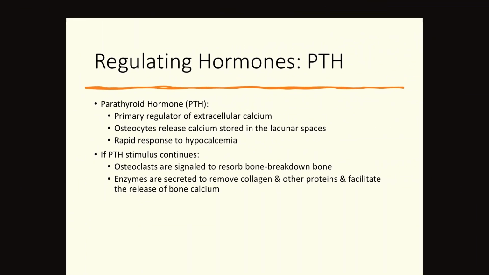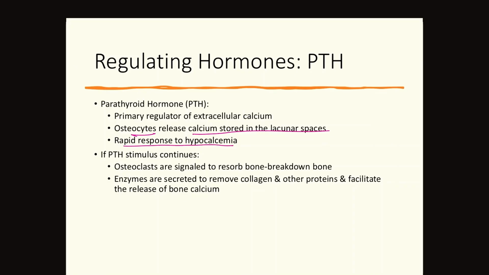Regulating hormones, obviously PTH is the big one with our extracellular calcium. Osteocytes release calcium stored in the lacunar spaces. Osteocytes is the bone cell, so they have it and they release it all. And again, it's a rapid response to hypocalcemia.